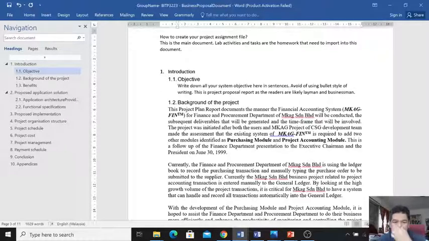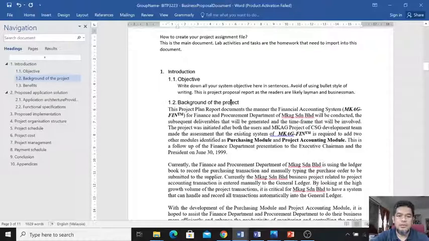What you need to do, when you put your objective in bullet points, is convert it into sentences and describe more, not just one line.